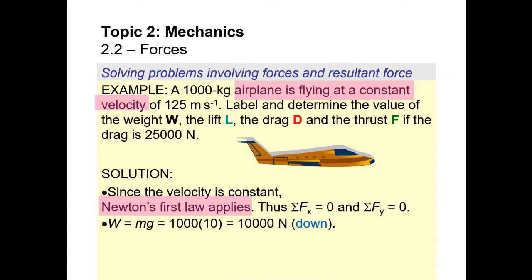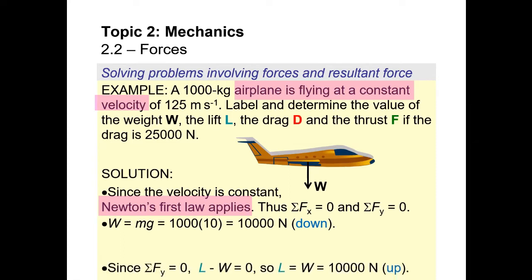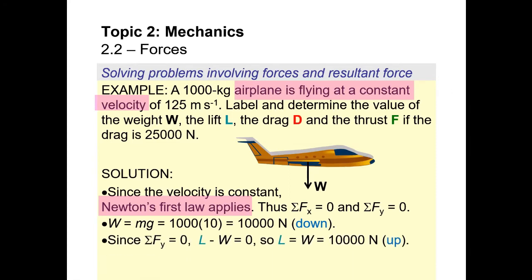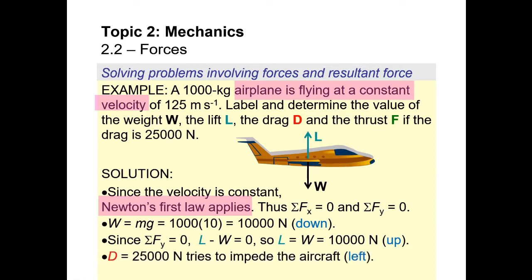That indicates the resultant force in x component is 0 and the resultant force in y component equals 0. Weight equals mg, mass is 1000, g is 10, so 10,000 Newton downward. Since the resultant force in y component equals 0, lift force minus weight equals 0, so lift force equals weight, which is 10,000 Newton upward.